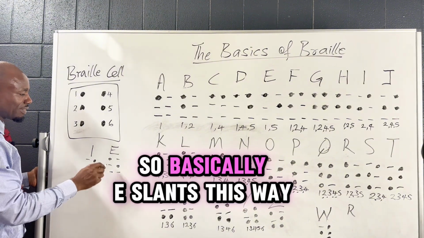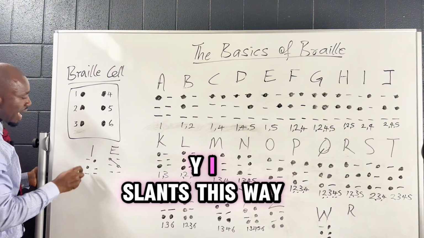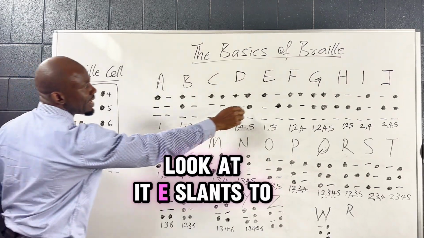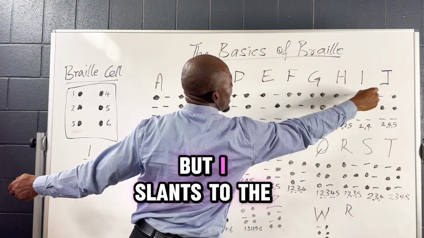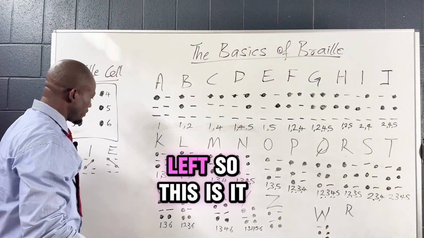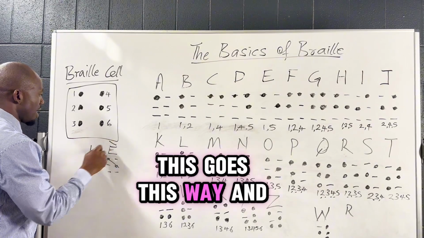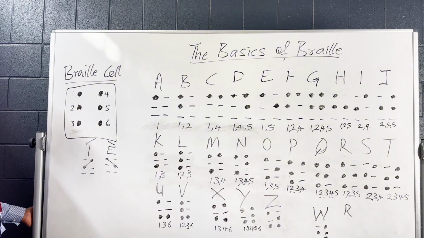So basically, E slants this way, while I slants this way. Look at it. E slants to the right, but I slants to the left. So this goes this way, and this goes this way. That is for E and I.